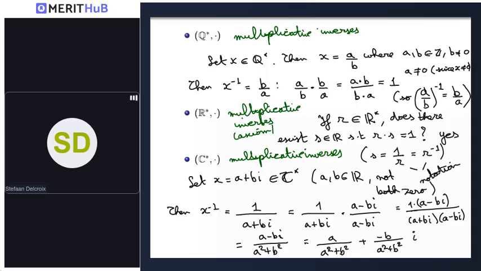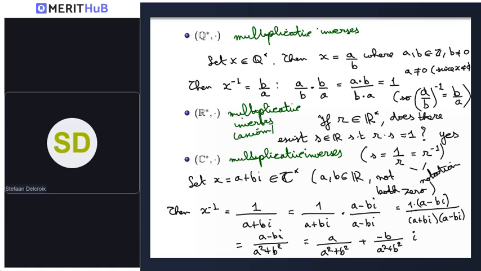There's no need to memorize this, but what we now see is that, yes, the inverse of a complex number is a complex number. And we're using here that we're not dividing by 0, that a and b are not both 0. So the real numbers have multiplicative inverses, we accept that. The complex numbers, we had to prove it.